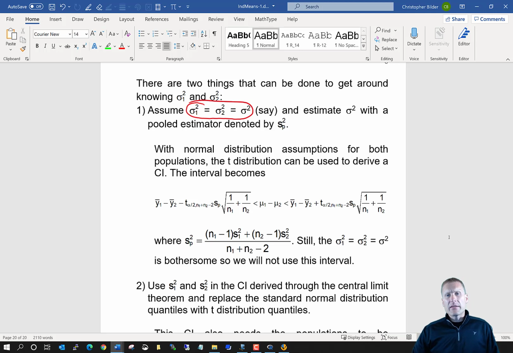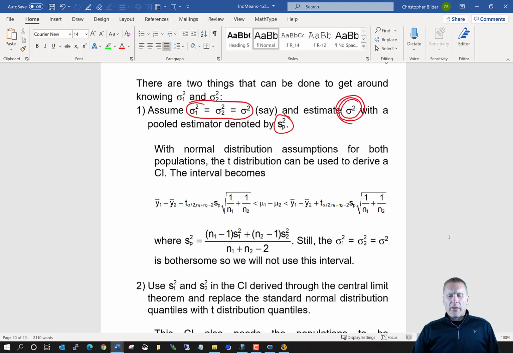This might make sense in some situations, if, let's say, population 1 has a lot of similar characteristics to population number 2. If you do that, then now you only have one parameter that you have to worry about, let's say sigma squared. And so what you can do then is estimate it with what's called a pooled variance estimator.